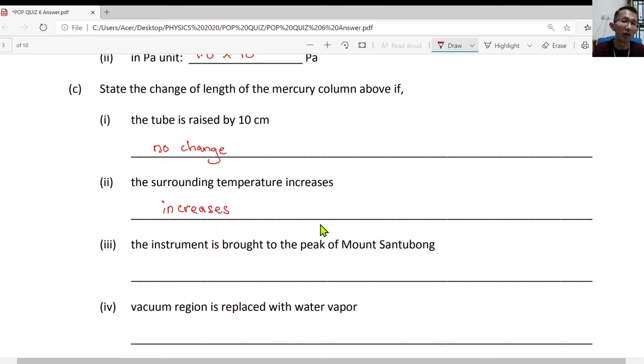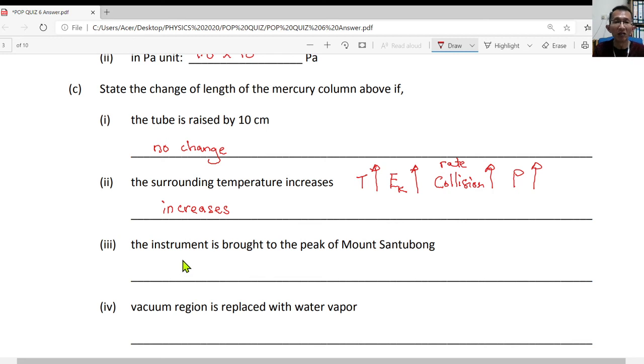Meaning to say that the atmospheric pressure will increase. Alright? Why? Well, temperature increases. Then what comes next? Kinetic energy will increase. What comes next? Collision, correct, will increase. The rate of collision will increase. And what comes next? Pressure will increase. Alright, so the length of the mercury column will increase.